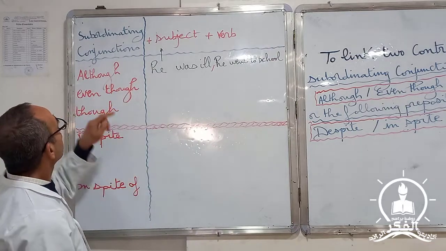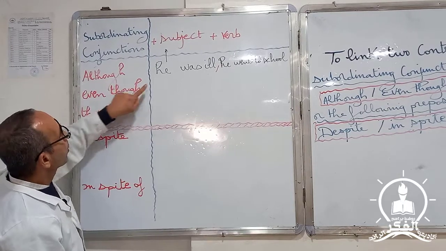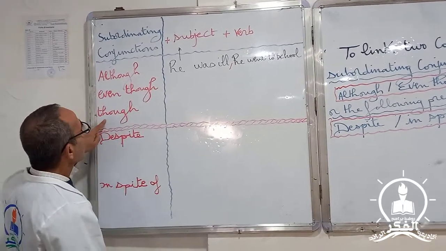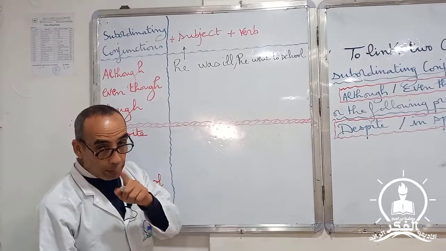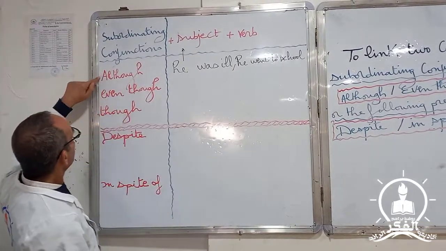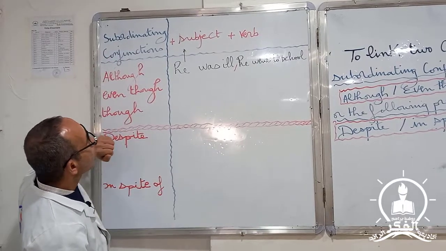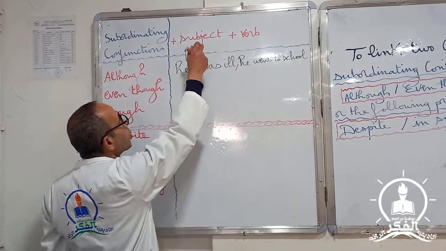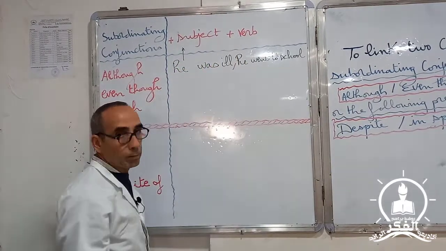We can say, although he was ill, he went to school. Even though he was ill, he went to school. Though he was ill, he went to school. But remember, after these three subordinating conjunctions, you have to use a subject, he, and a verb, right?